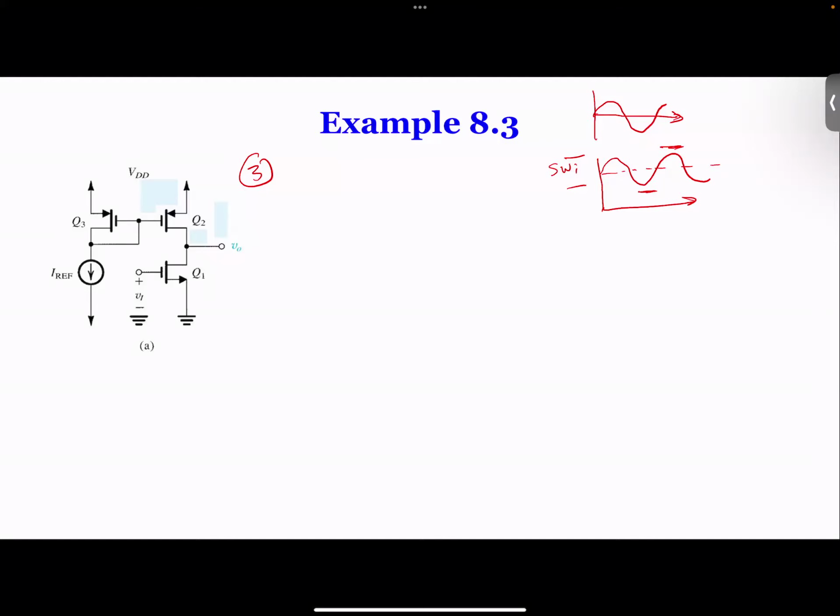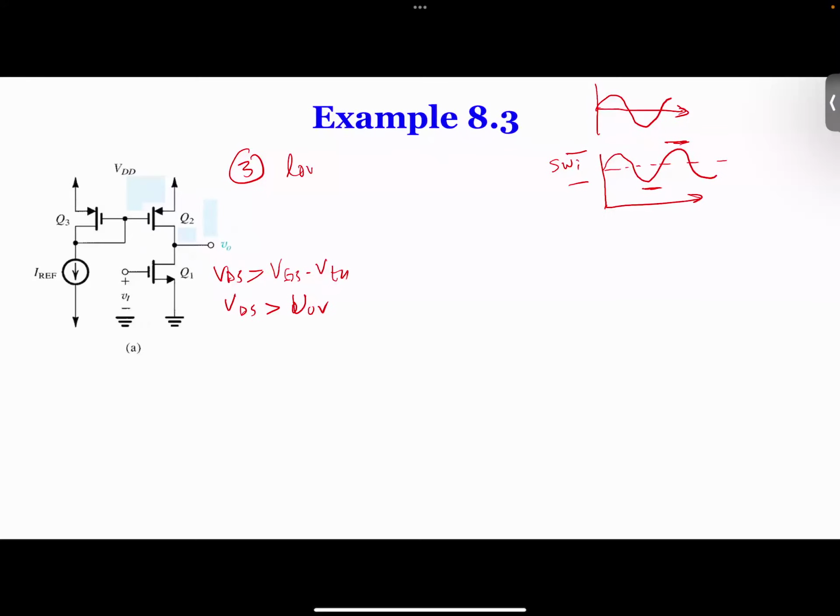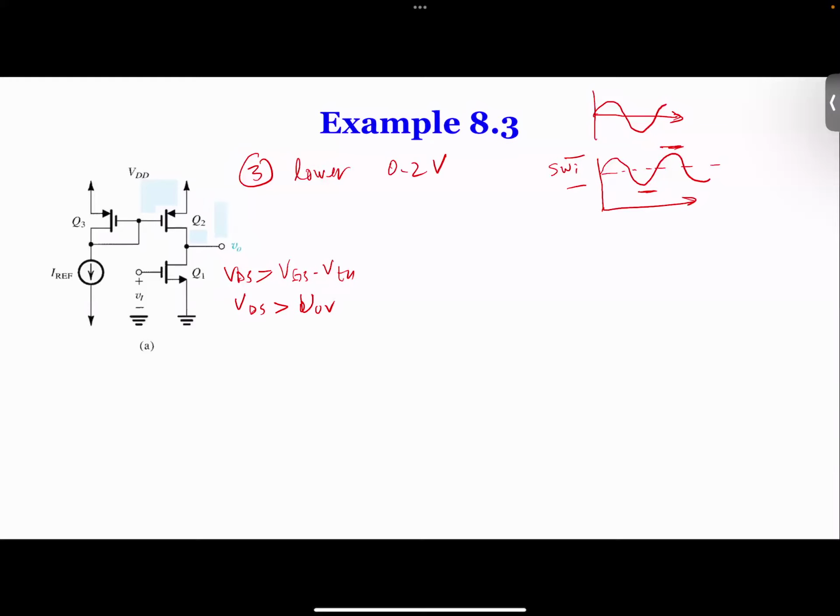Now, what is the minimum though? VDS1 has to be larger than VGS1 minus VTN, which is VOV. In this case, you already know VOV is 0.2. So our lower range is 0.2 volts.